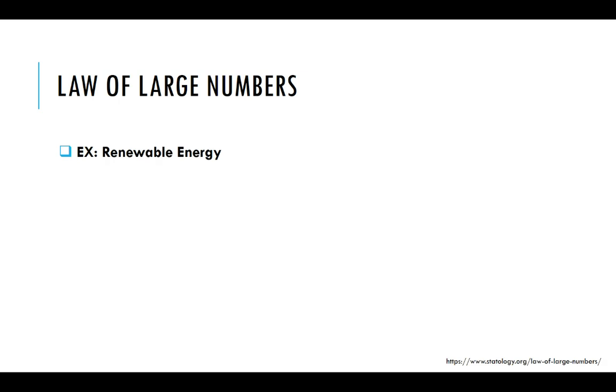An example that I didn't think about until I started doing more reading and research about good examples here is the renewable energy industry. Now, this is, I think, an interesting example. Clearly, with renewable energy, we have two important forms: wind and solar.